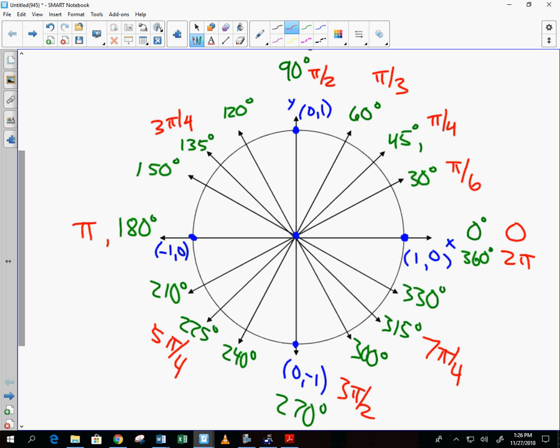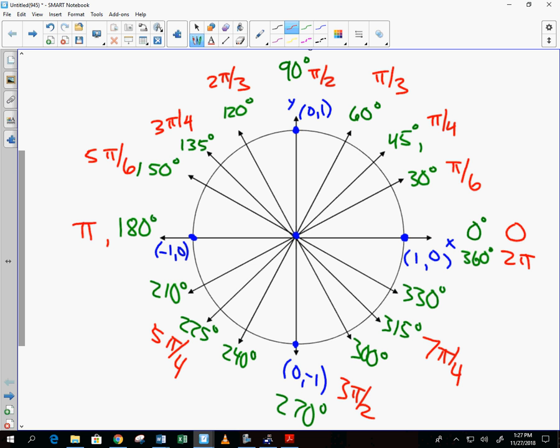Okay, let's count. 1 pi over 6, 2 pi over 6, 3 pi over 6, 4 pi over 6, which is 2 pi over 3. 1 pi over 6, 2 pi over 6, 3 pi over 6, 4 pi over 6, 5 pi over 6. After 5 pi over 6 is 6 pi over 6, or pi.